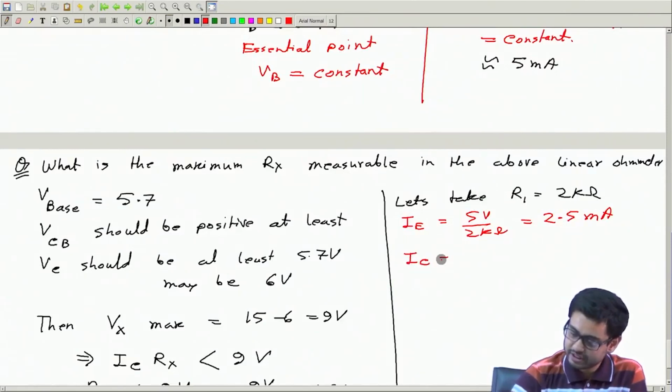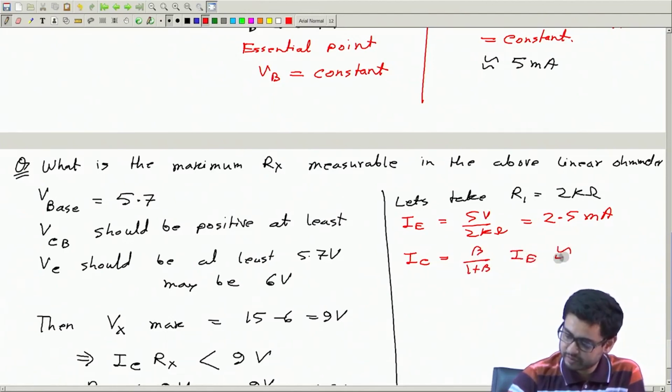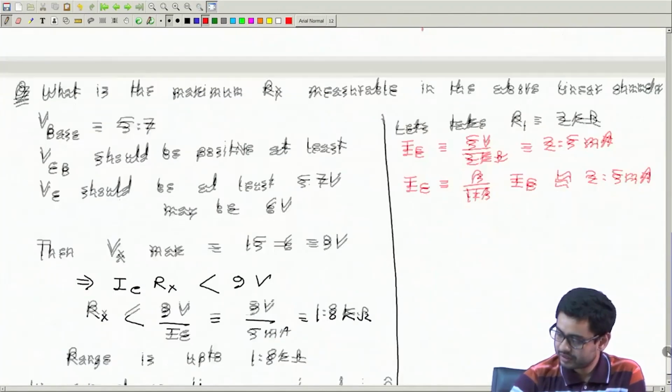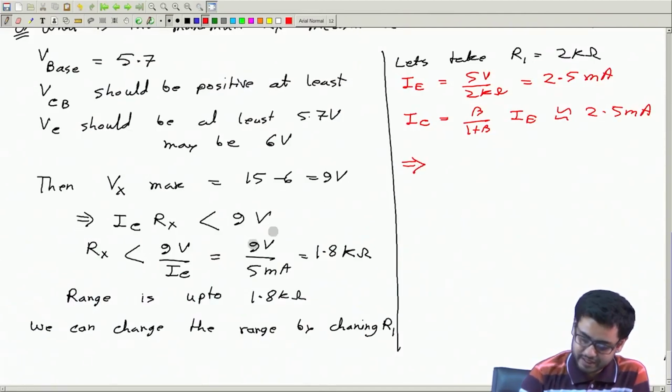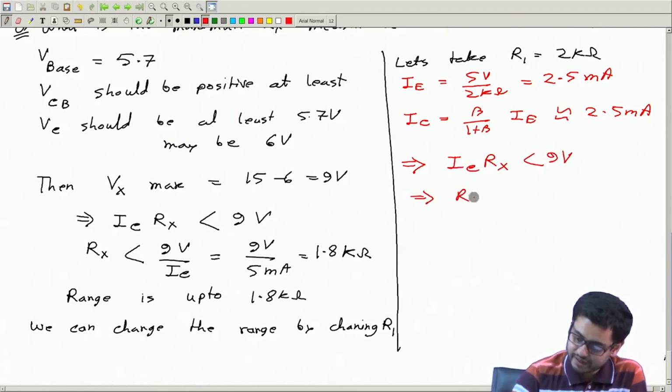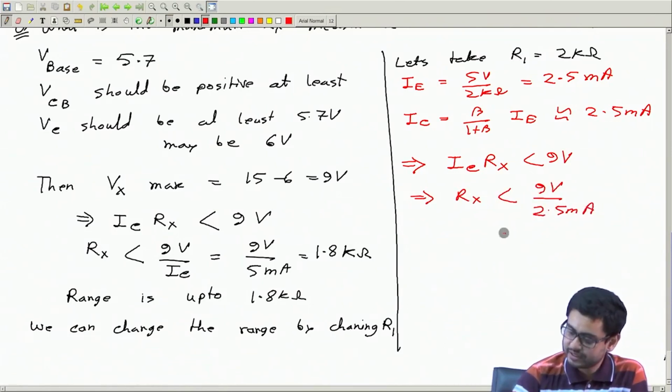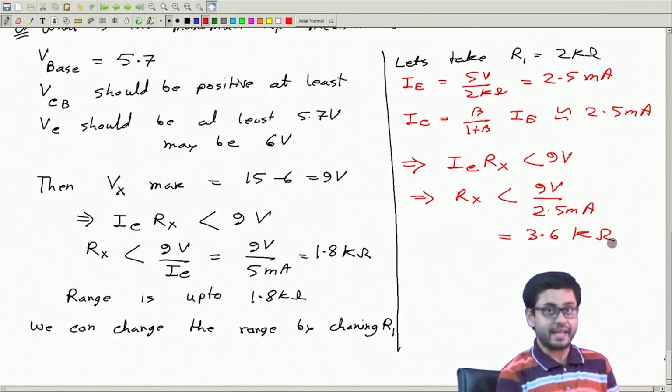Then IC is beta by 1 plus beta times IE, approximately 2.5 milliampere. Then IC Rx less than 9 volt means Rx is now less than 9 volt by 2.5 milliampere, and this is equal to 3.6 kilo ohm. Check my calculation, please.